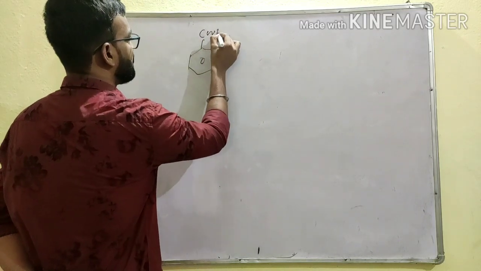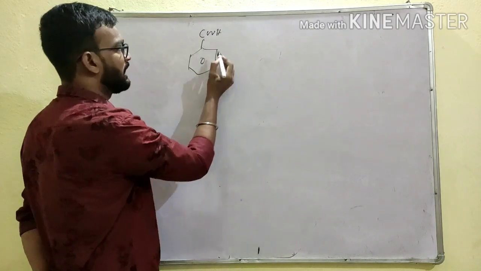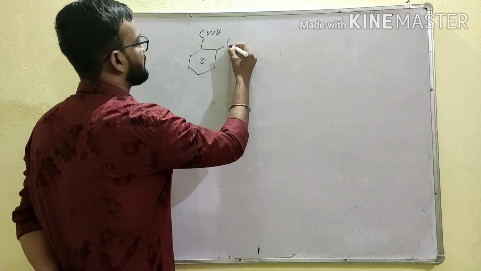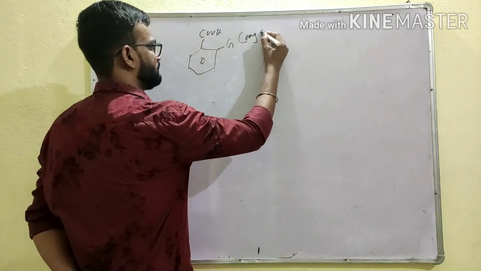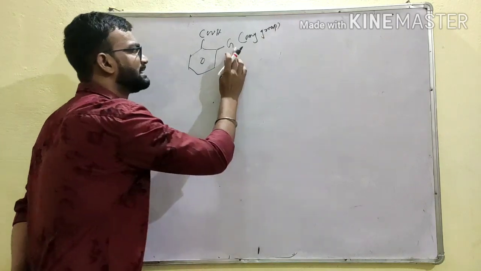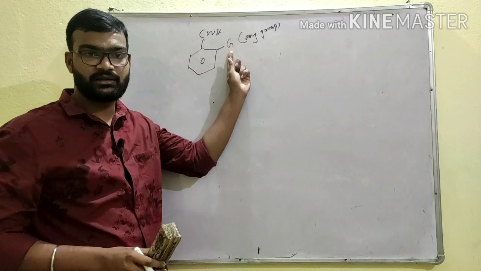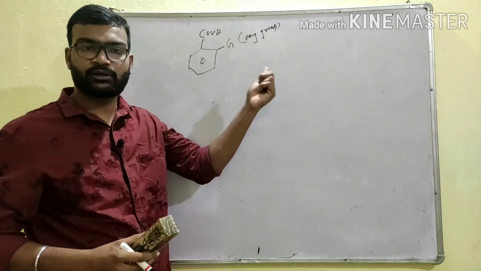What I mean is, suppose this is my benzoic acid, and this is ortho, this is meta, and this is para. At the ortho position, I put a group like G. G is any group, and the nature of the group is irrespective. It doesn't depend on the nature of the group G. It may be an electron donating group, or it may be an electron withdrawing group.